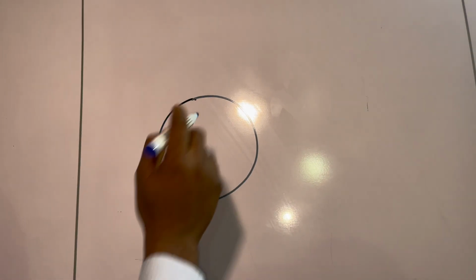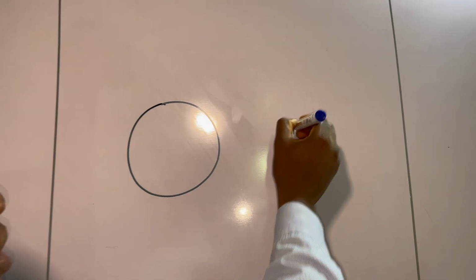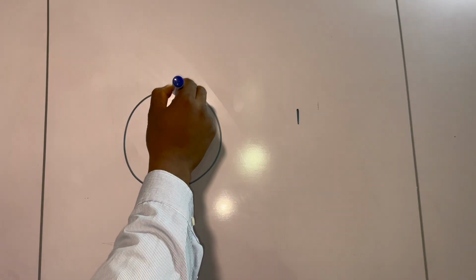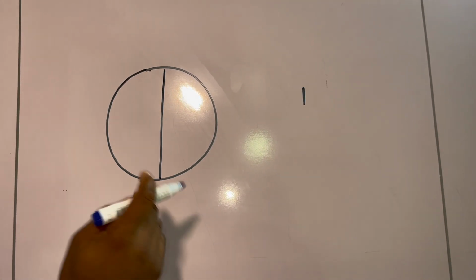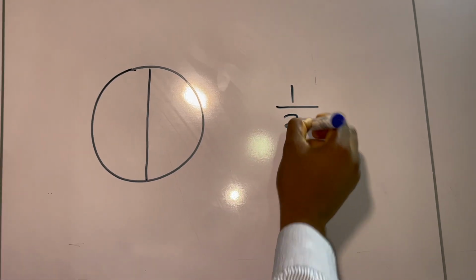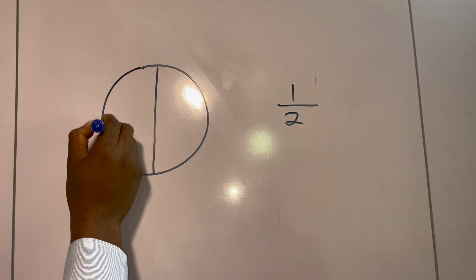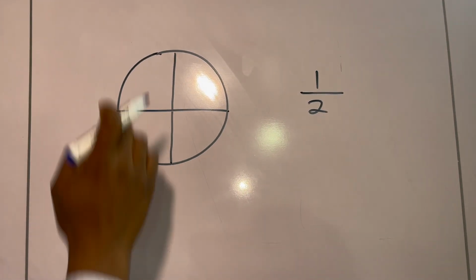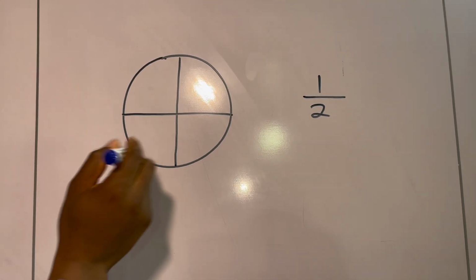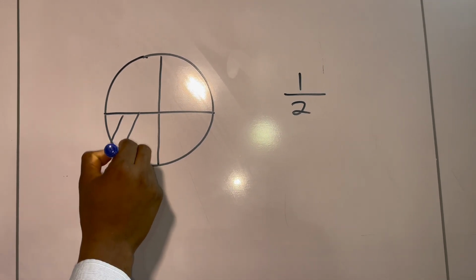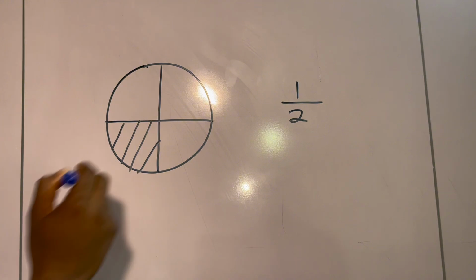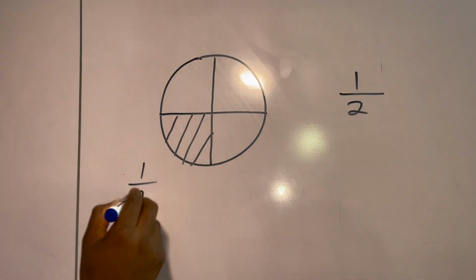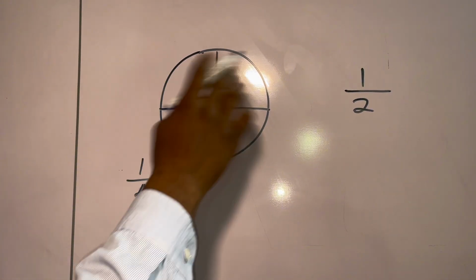Now for the introduction, we have this. This is a whole, so this can be divided as 1. But if we divide it into 2, it has 2 parts, so we have 1/2. If we divide it into 4 parts, 1, 2, 3, 4, and pick out one part of it, this will give me 1/4, 1 out of the 4 parts.